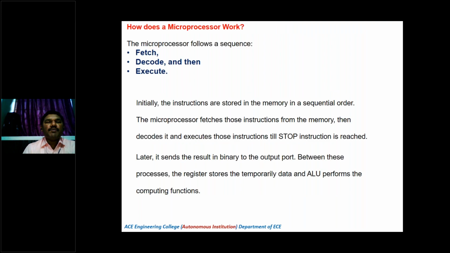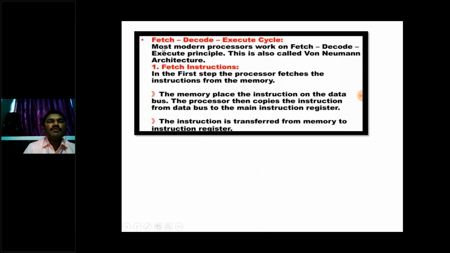So how does a processor work? We all know that the processor works based on fetching, decoding, and execution. So what is meant by fetching here? Most modern processors work on the fetch, decode, and execute principle. This is also called the Von Neumann architecture.